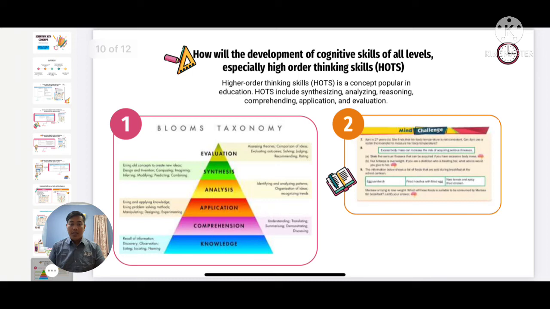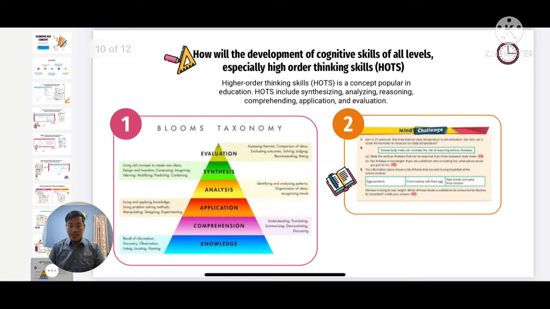The fourth is analysis. Students should be able to identify and analyze the pattern of ideas or recognize the trends. The next is synthesis. They are able to use all concepts to create new ideas, imagine, predict, modify and combine all of the ideas.